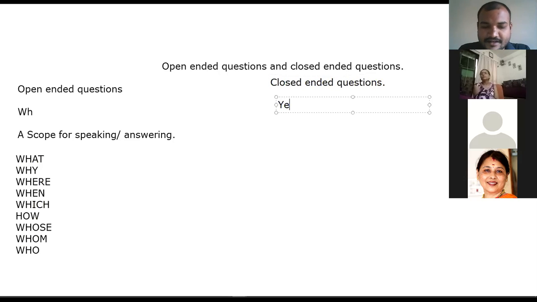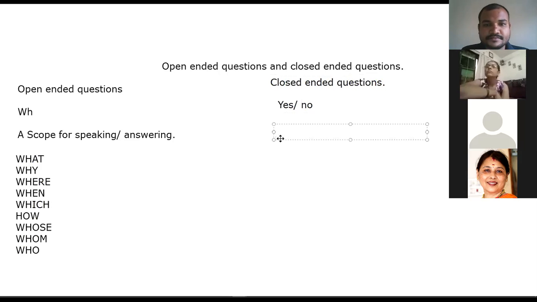Right. Yes or no questions are also known as closed-ended questions. What exactly do we mean by closed-ended questions? The answer is in one word. Right. There is no scope for speaking, except choosing an answer.